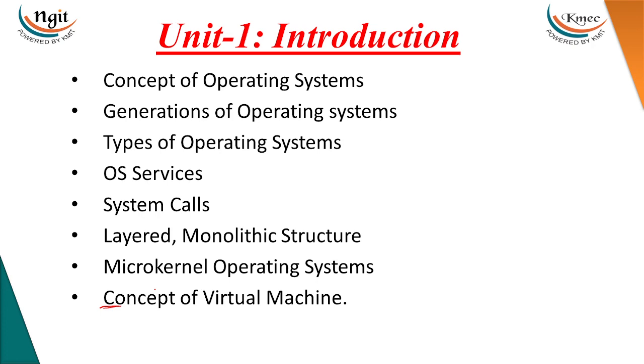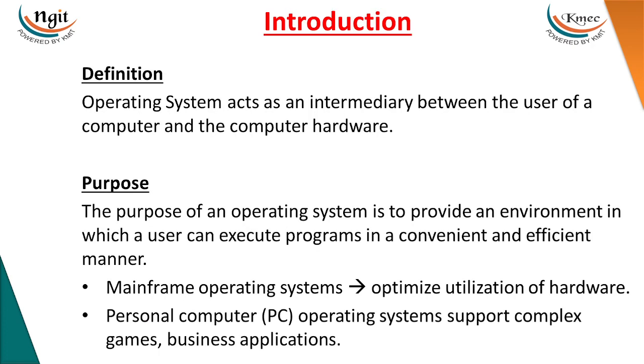So the first topic is concept of operating system. We'll see the definitions. There is no fixed definition for operating system, but there are multiple definitions. Out of those, based on the requirement, the definitions are taken. So the basic definition of operating system is: the operating system acts as intermediary between the user of computer and the computer hardware.